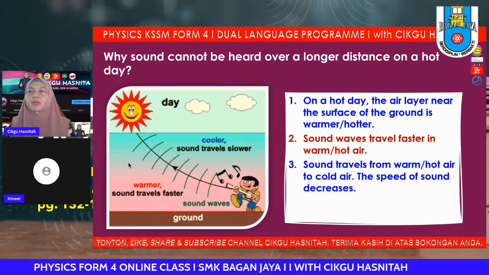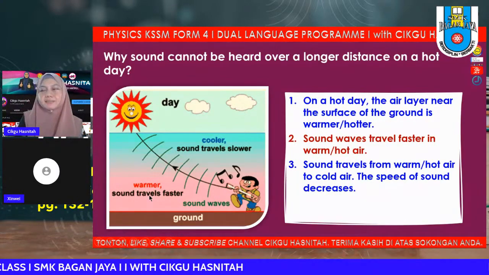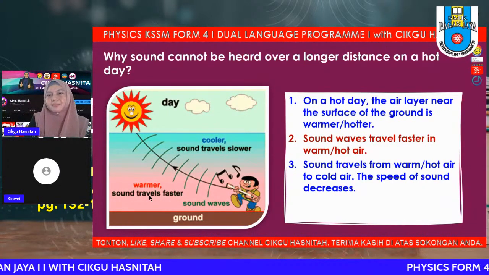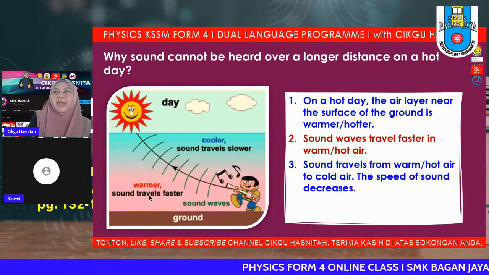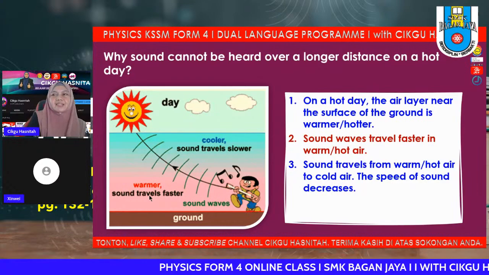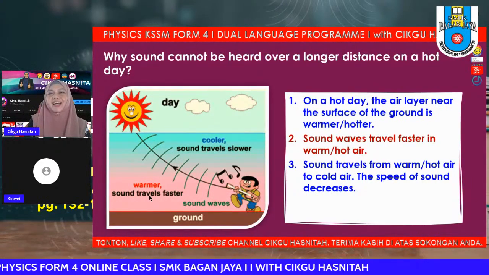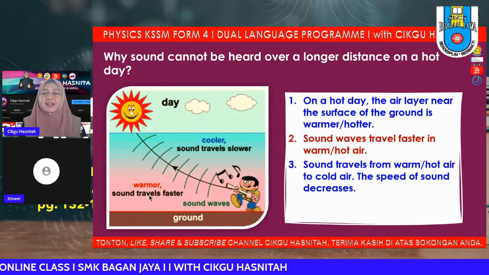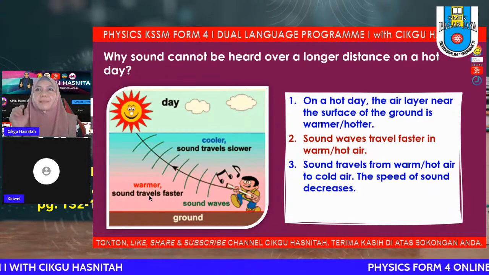Can you tell me which one is denser? Warm air or cool air, students? Which air is denser? Logically, denser dia akan duduk di atas ke bawah? Kalau denser material will stay above or below?